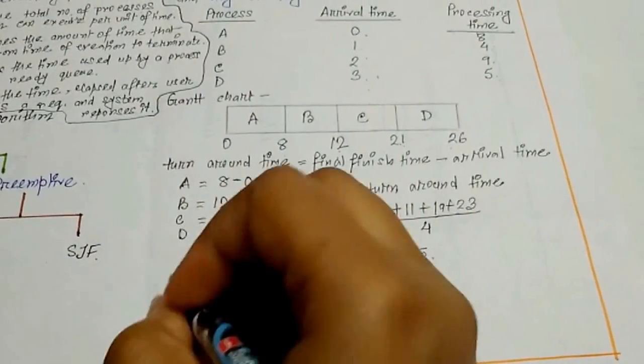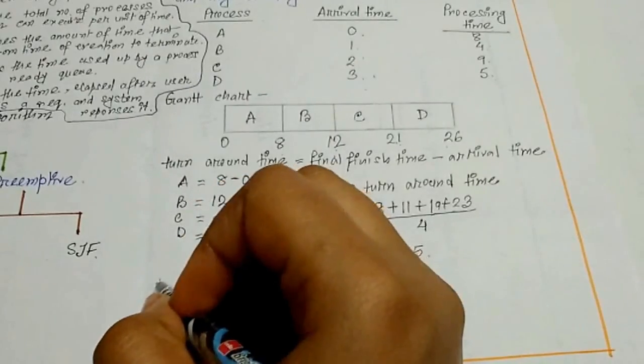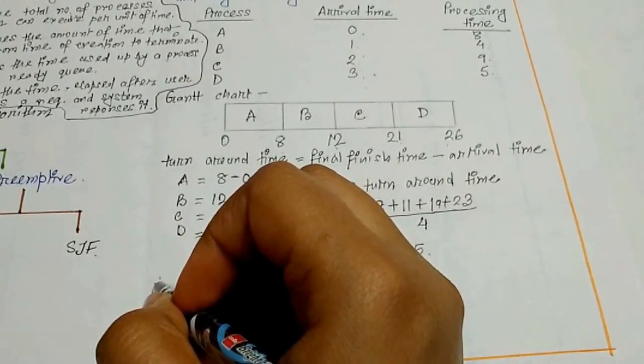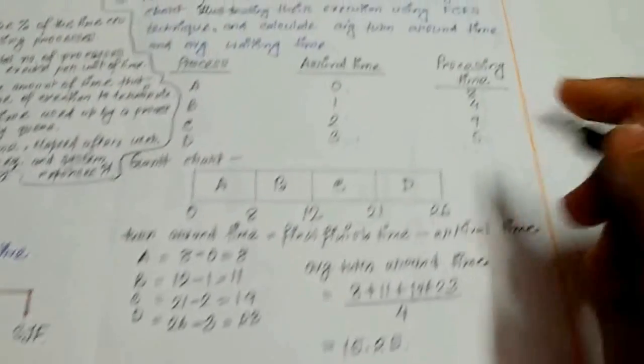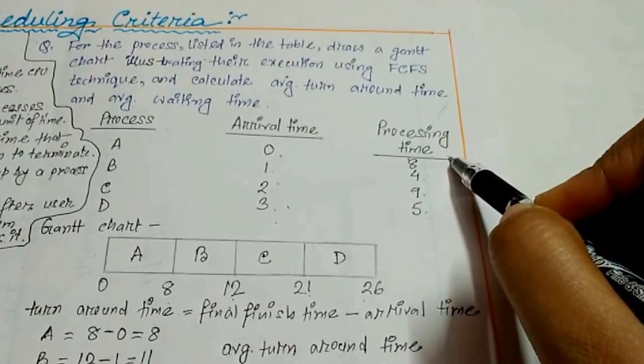Now we also have to calculate the average waiting time. What is waiting time? Waiting time equals turnaround time minus CPU burst time, or we can say the processing time.